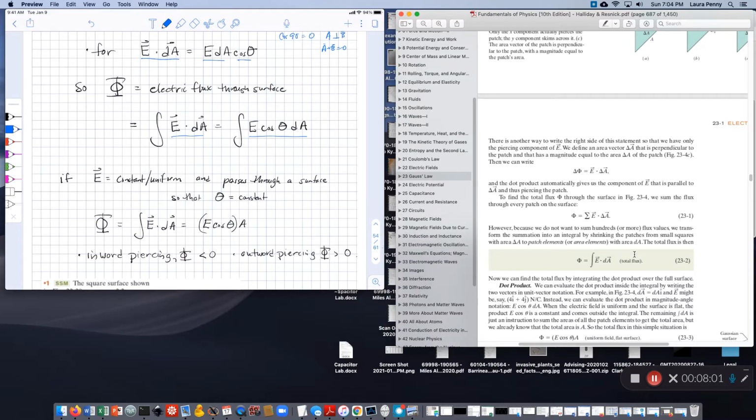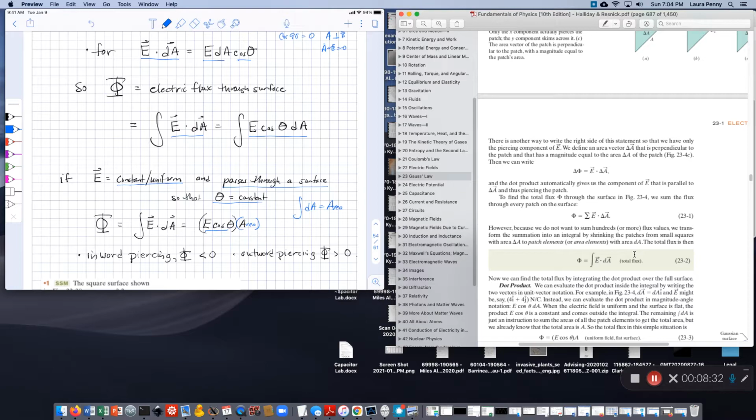If our electric field is constant or uniform and it passes through some surface such that the theta is actually constant, in other words, the angle between the electric field and the area vector is always some constant number, then everything can come out. The E and the cosine of theta can come out. And then the integral of dA is just the area.